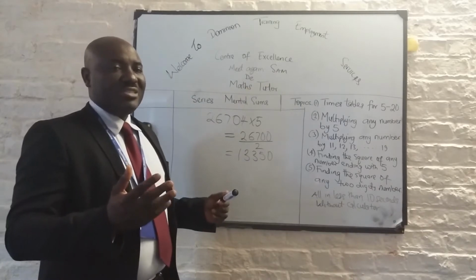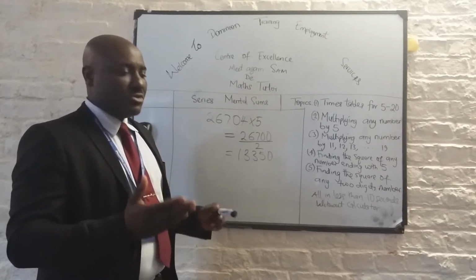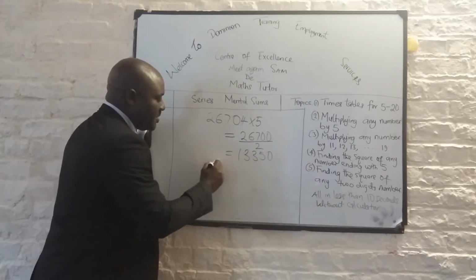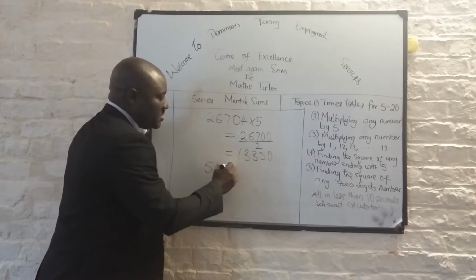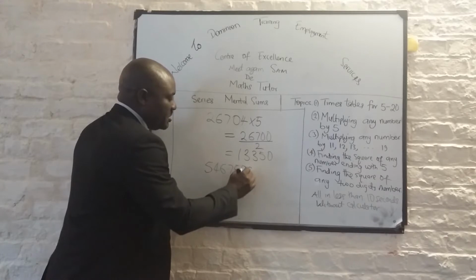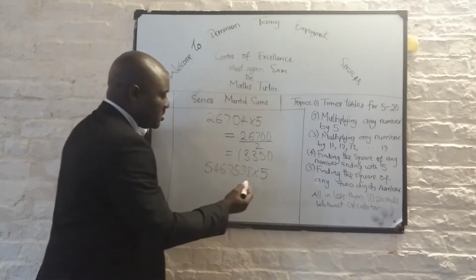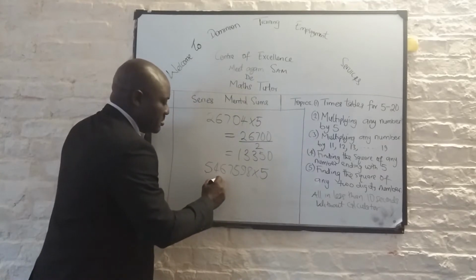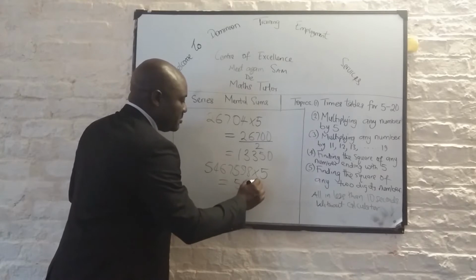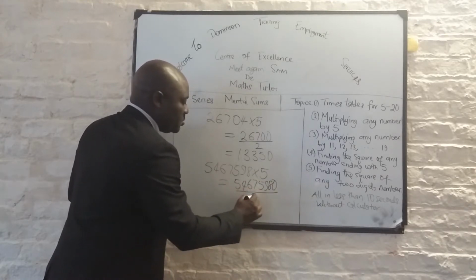No cracking of brain, carrying over, carrying forward, carrying backward. No, very straightforward and very simple. Let's see another example. If you have 5467598 times 5, simply say this is equal to 54675980 over 2.